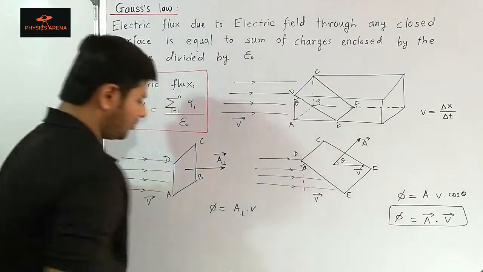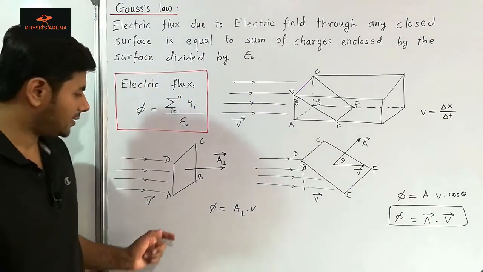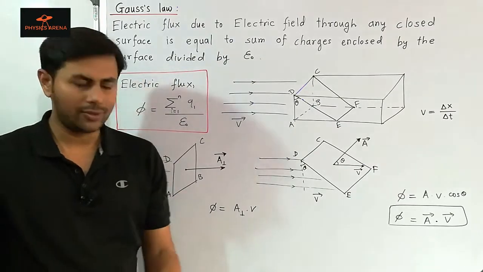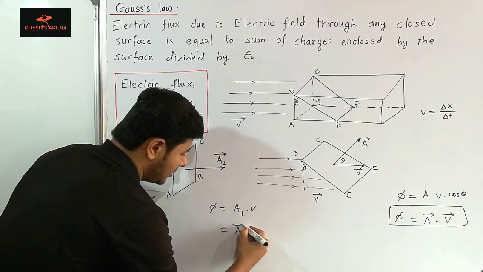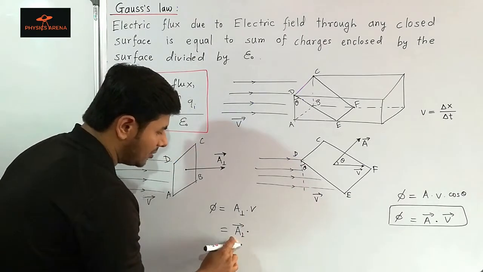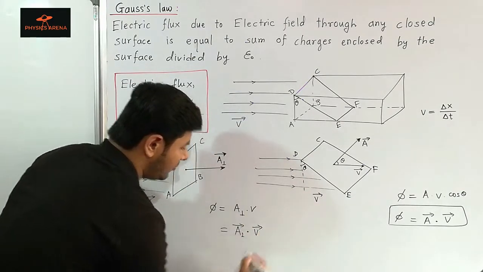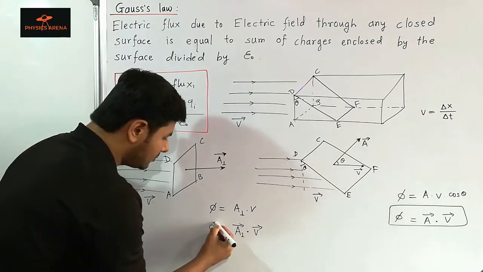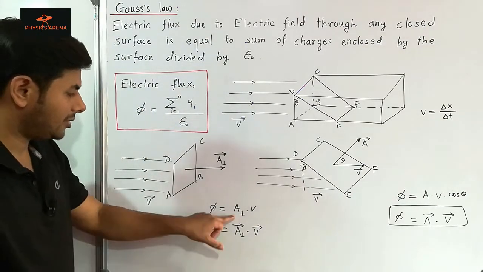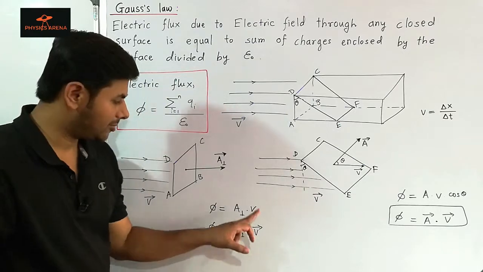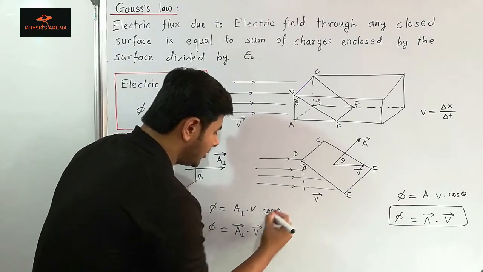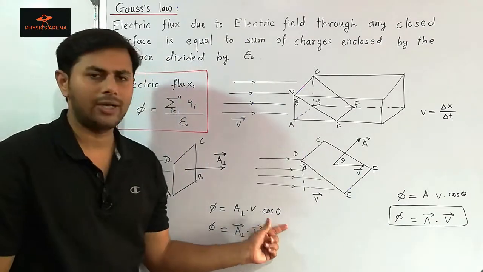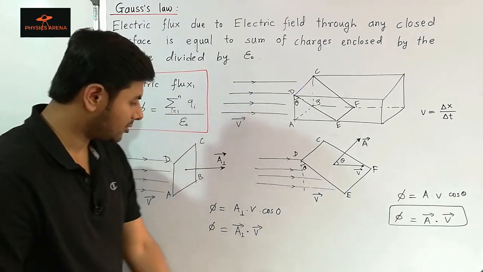And what about this case? In this case, the angle between these two is 0. So here also we can represent this as A perpendicular bar multiplied by V bar, the dot product, and it is the magnitude of the first vector multiplied by the magnitude of the second vector multiplied by cos of the angle between the two, which is cos of 0, and we know that cos of 0 is 1.